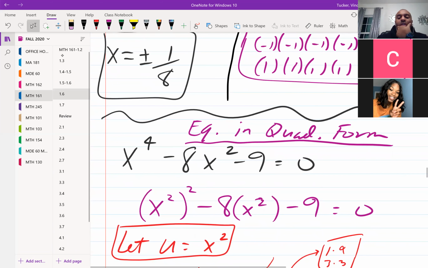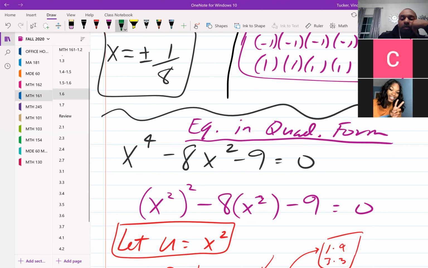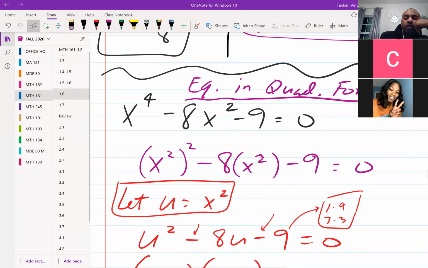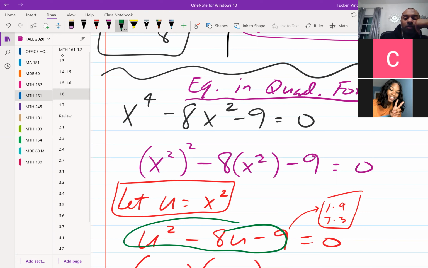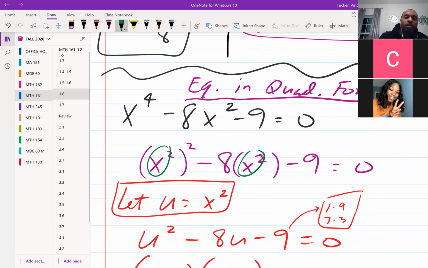So if you want to simplify it, if it makes it look better, you don't necessarily have to do it this way, but you can let u be equal to x squared, just a u substitution. Wherein now we're looking at this as being our equation to solve. You decided to let u be equal to x squared. Whatever these terms are, you let u be equal to that.